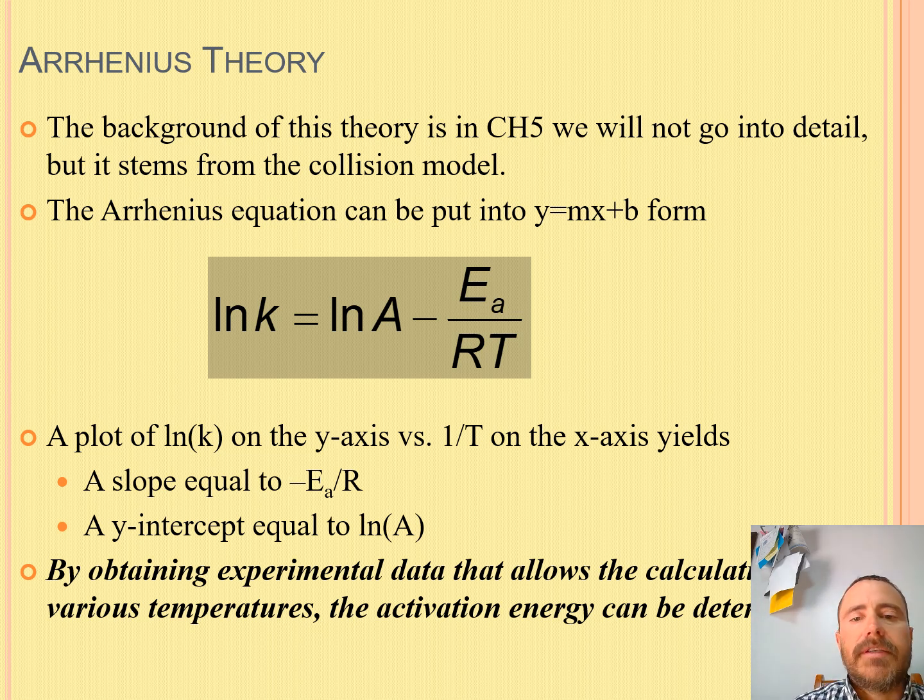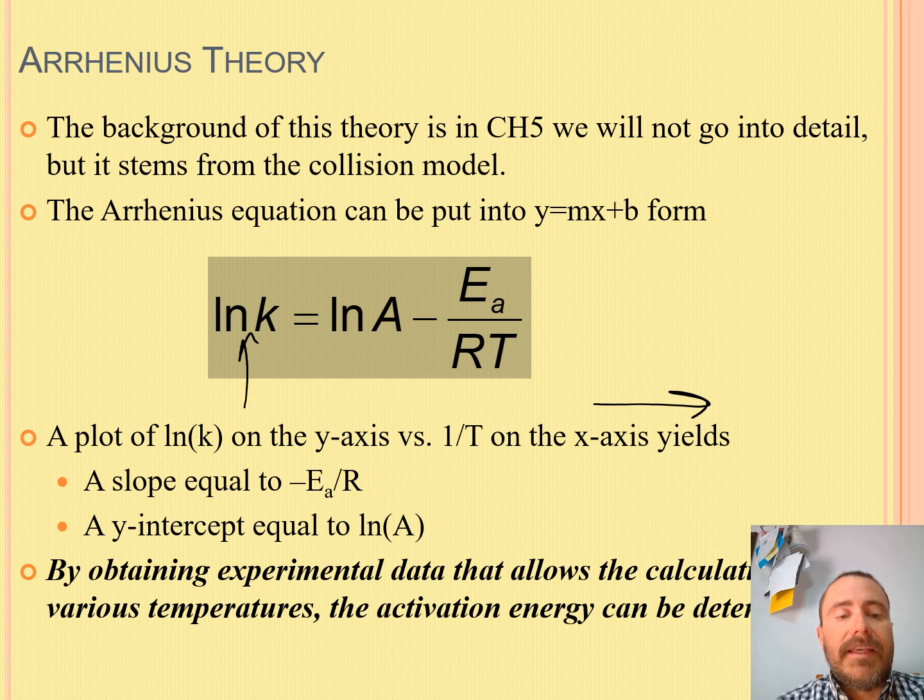So the Arrhenius equation is rearranged here to show that we can plot it as a line. For some reason, we as chemists love to plot things as lines. But notice that, again, we have y equals mx plus b. What we get here is that we can plot the natural log of k on our y-axis, that's the axis that goes up and down, versus 1 over T on our x-axis, that's the axis that goes along the horizon.